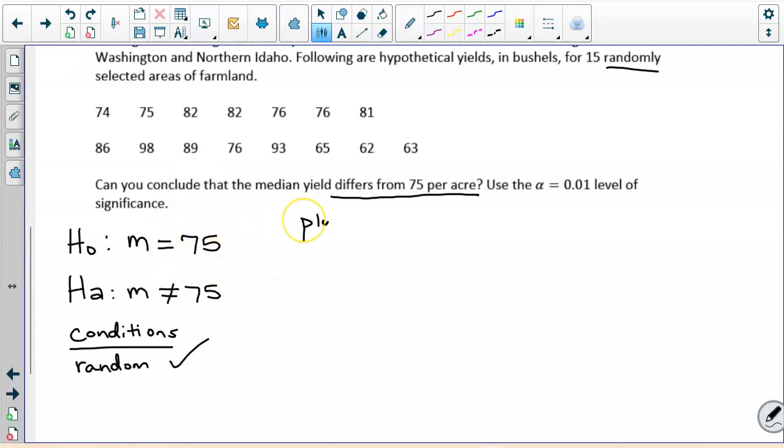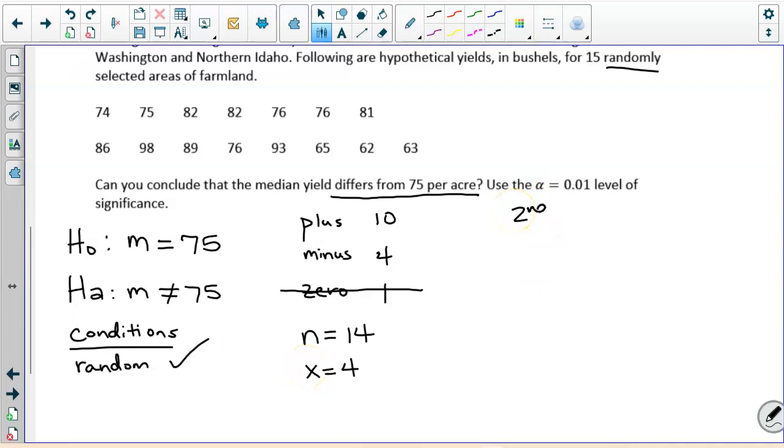So then we have plus, minus, and 0. How many did you get were higher than 75? 10, below, 4, and equal to 1. So we're going to exclude that value. Okay, so instead of using 15, we're going to use n equals 14. The smaller of the two is 4. So we're going to use x equals 4.